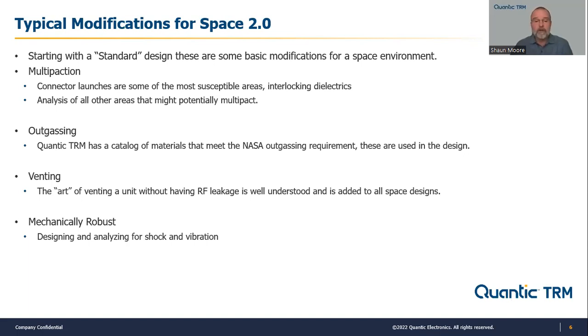Venting is something I mentioned previously. That is an area where you have to make sure that you can get all of the trapped air out of the component during launch. Going from sea level pressure up to a vacuum, for some rockets, can happen in a matter of minutes.